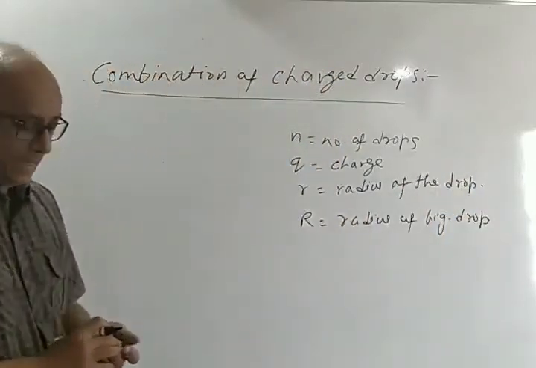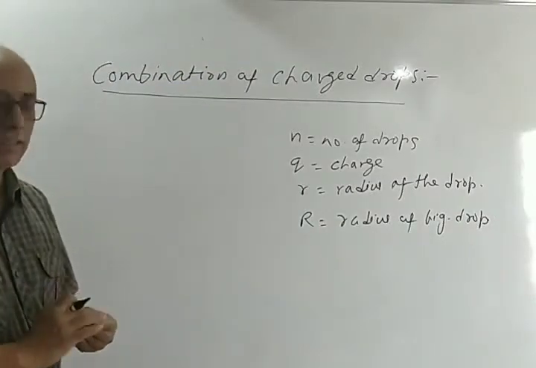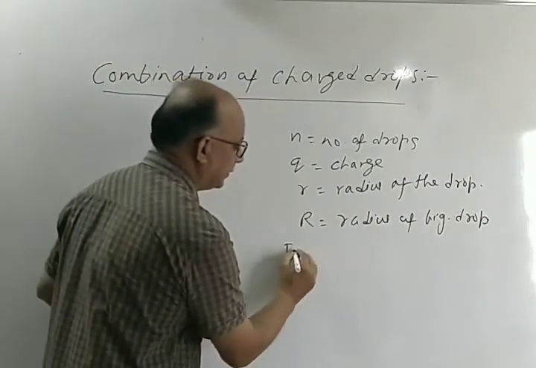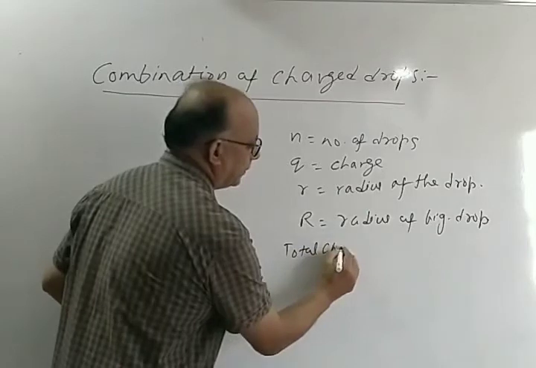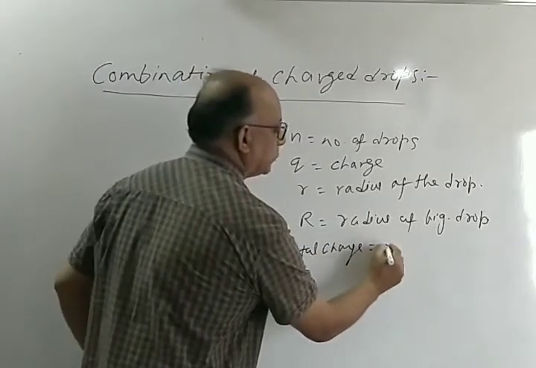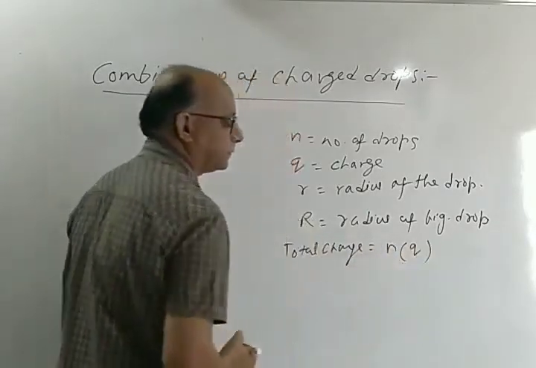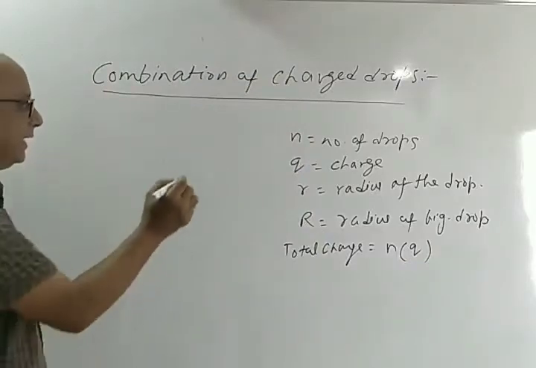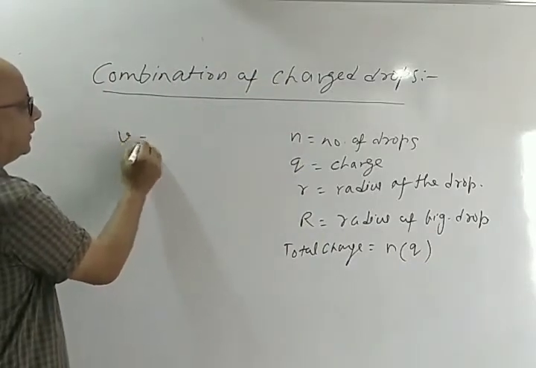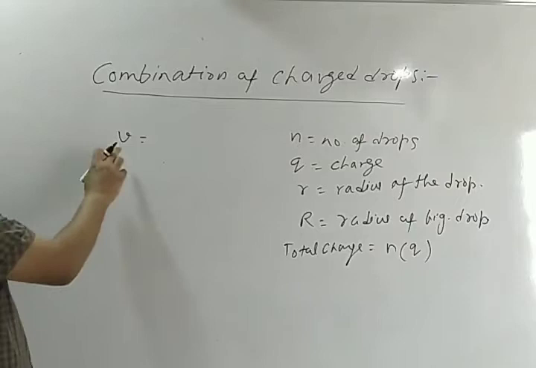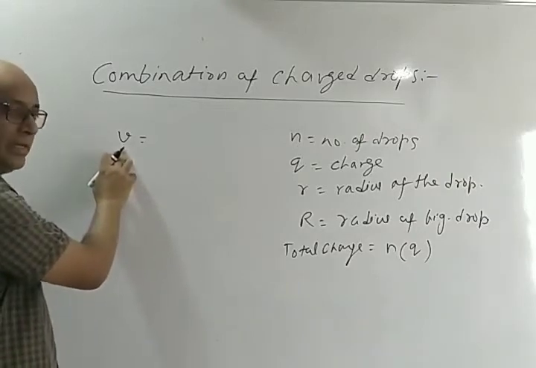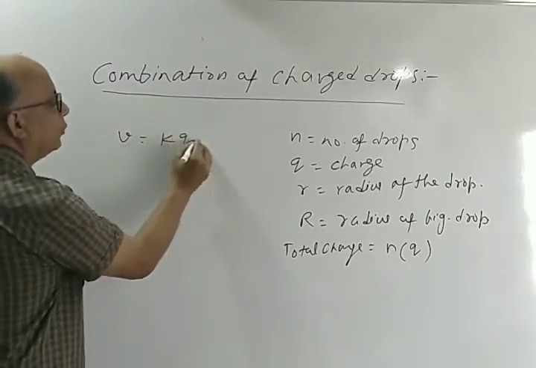Okay. Charges are additive in nature, so the total charge after combination is going to be nq. No problem. The electric potential for a small drop, suppose it is represented by a small v, is kq by r.